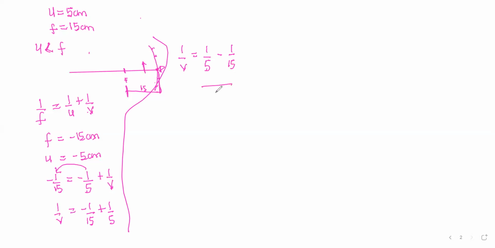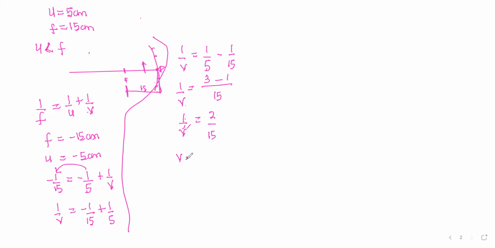LCM 15. 5 goes into this 3 times, so you have 3 minus 1. So straight away, it means that you have 2 over 15.